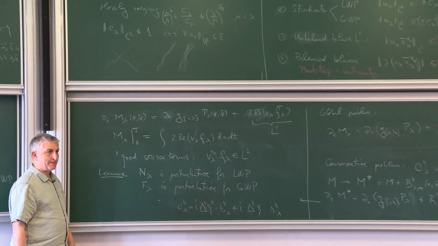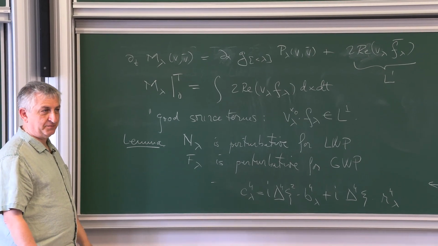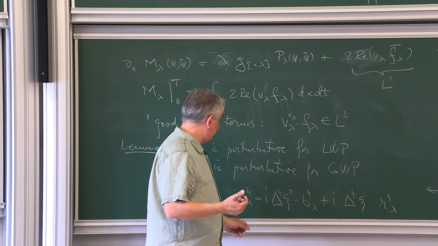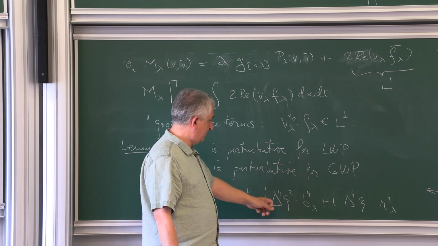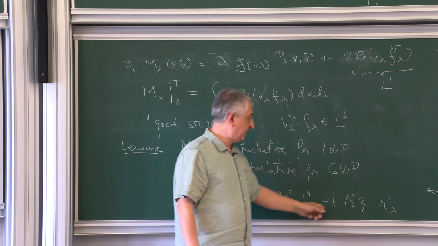Okay? So that would be a perfect world. So I would like to decompose a symbol as a linear combination with coefficients of these two symbols, delta 4 psi squared, delta 4 psi.